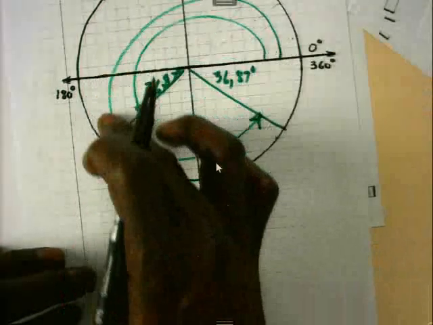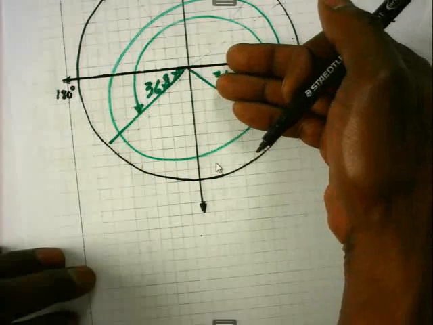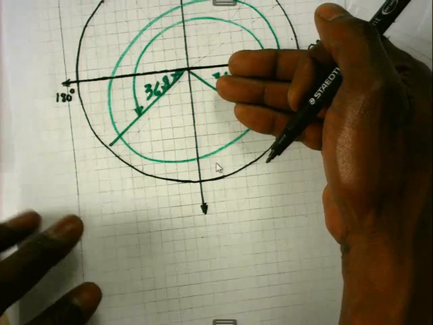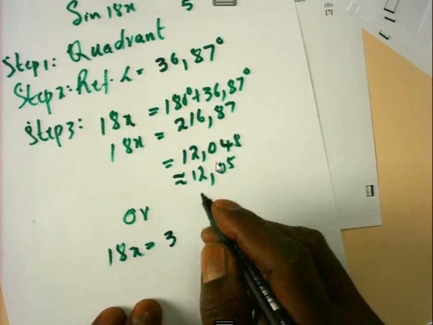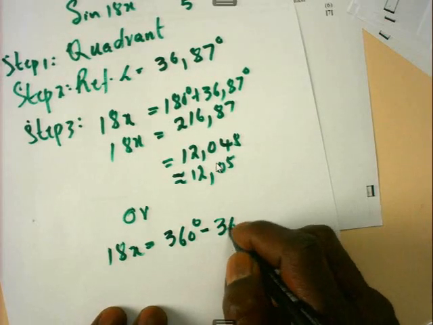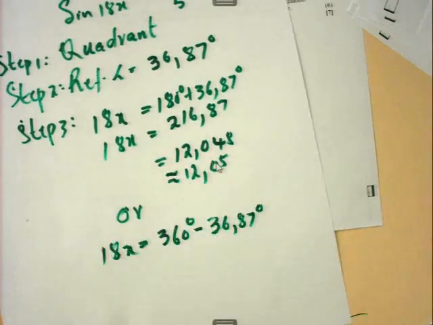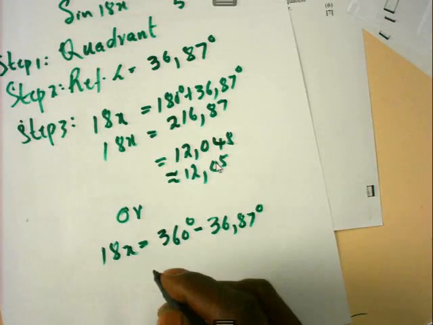So this solution is 360 degrees minus the reference angle of 36.87. Now 18x will be equal to 360 degrees minus the reference angle of 36.87 degrees. I don't think we must write the general solution for this.